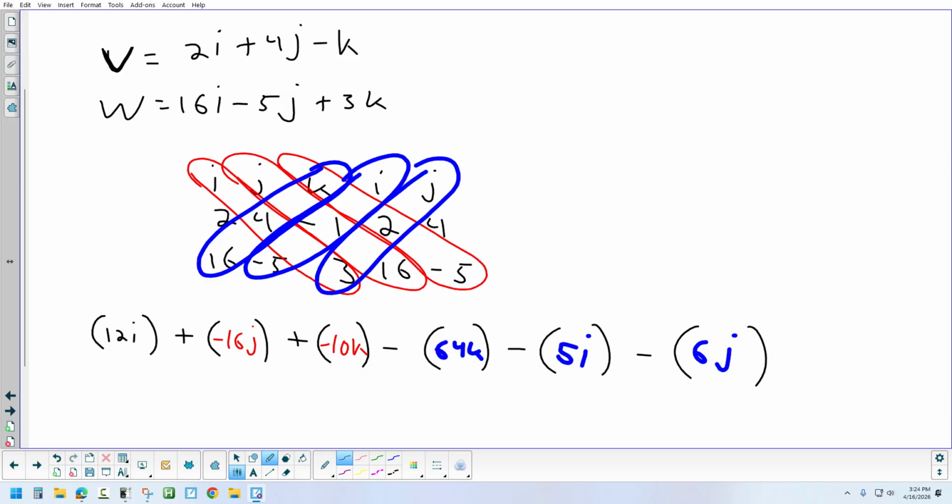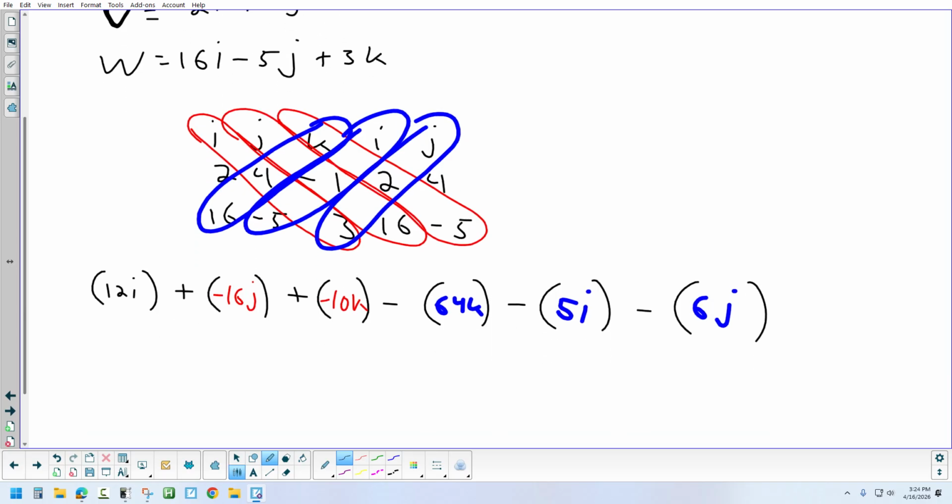Okay. So now we've done all the calculations we have to do with that table. What is there left to do now? Add or subtract them. Just add them all together? The like terms. Yep, so we'll do the like terms. Let's start with the i's.